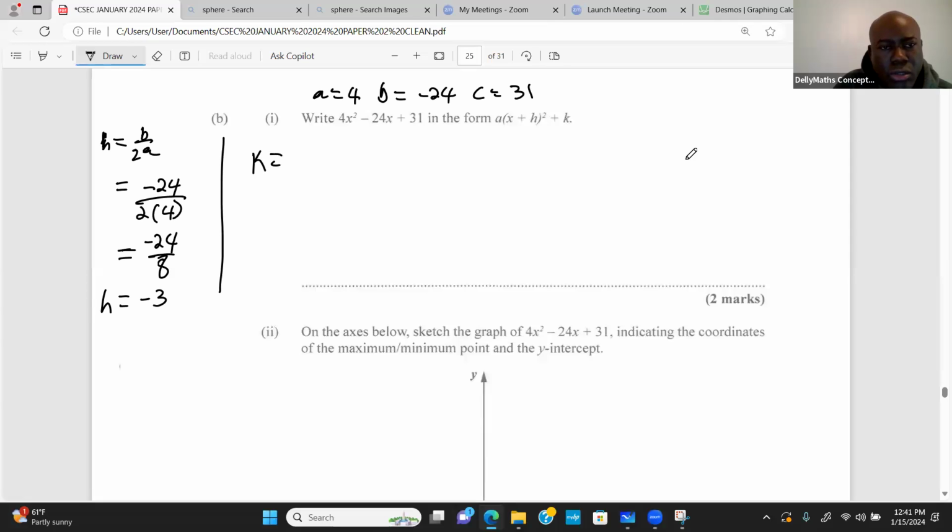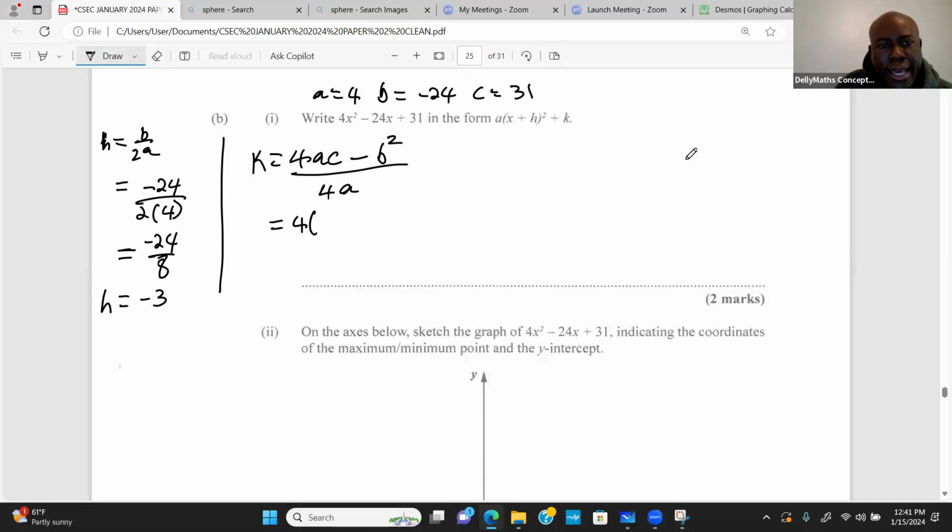k is equal to 4ac minus b squared, all over 4a. And this is going to equal, let me write this better. It's ugly.